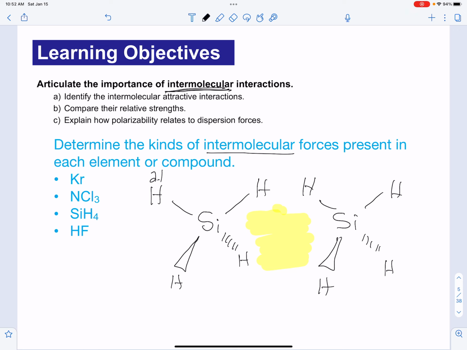2.1, 2.1, 2.1, 2.1, and if I remember right, silicon is 2.4. You can double check that later on your electronegativity table. So the difference between these two is 0.3.